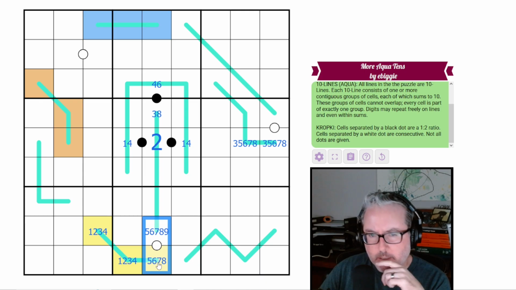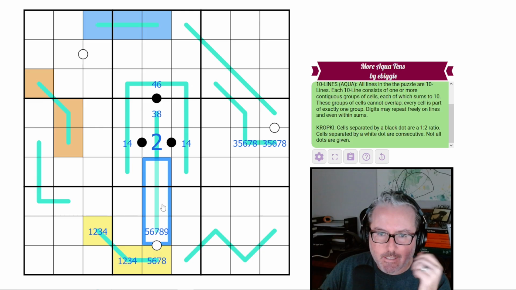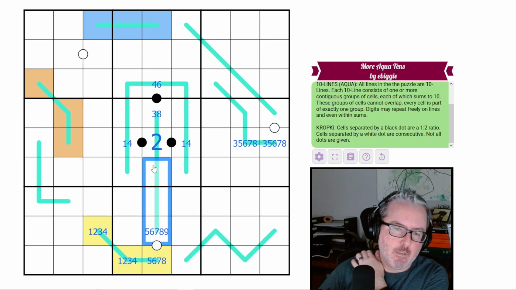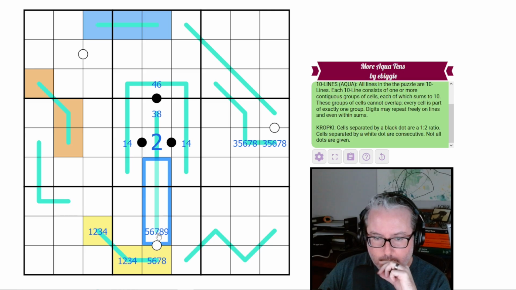I don't think we can further reduce this because this could be a 5, 6, right? Because that forces the 4, 8. That means that is the 10, and then these 3 just have to be some grouping. So essentially, any time that we're forcing this to be an 8, it will affect what this is.